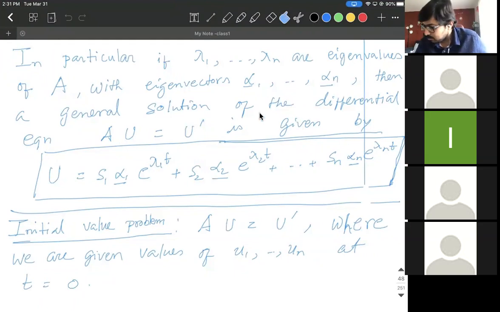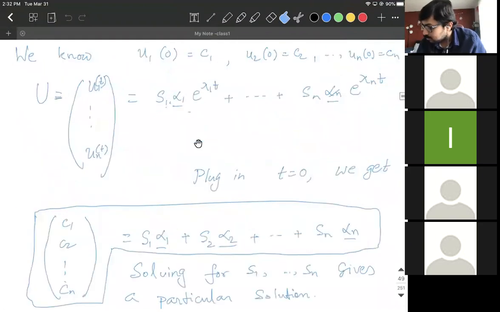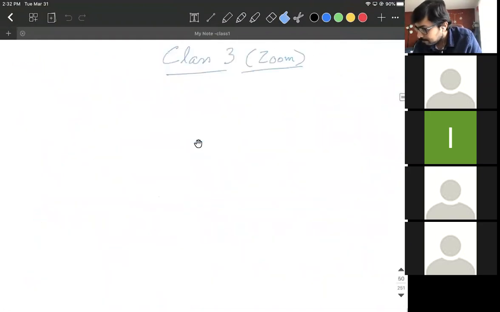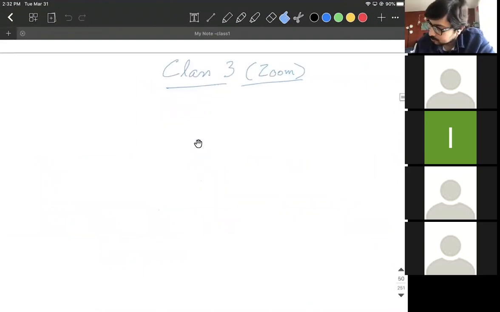Okay, so we were doing this initial value problem, and what I'll do is show you a prototypical problem of differential equations, and then move on to eigenvalues, move on to diagonalization. Let's start on a new page.